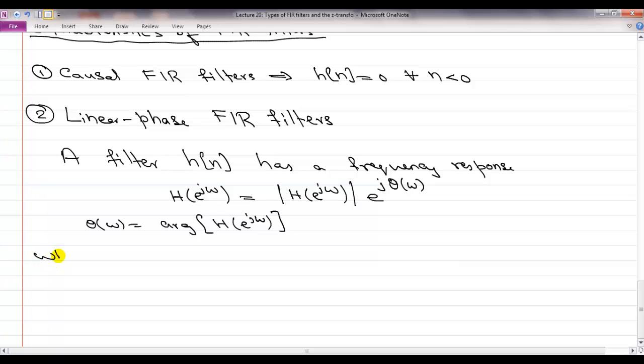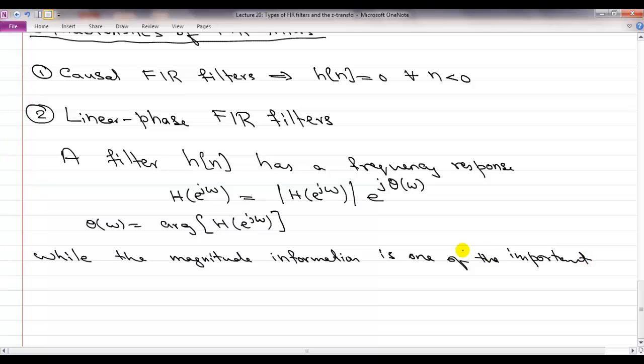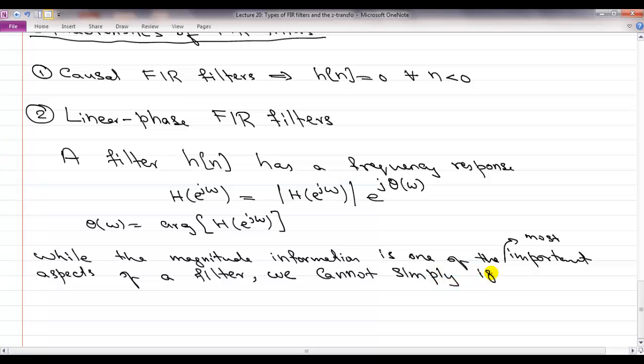So while the magnitude information is one of the most important aspects of a filter, and this is true regardless of whether we are talking about FIR or IIR, we cannot simply ignore the phase information.